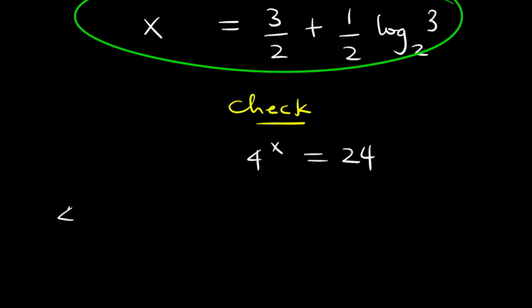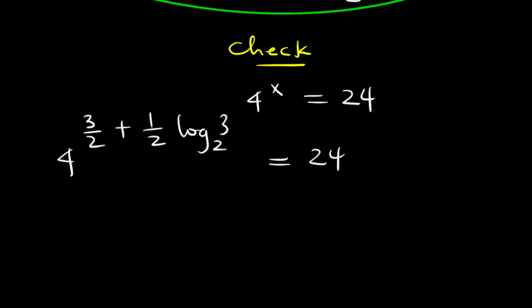Then it means I have 4 raised to power 3 over 2 plus 1 over 2 log 3 base 2. This should give us 24. Let us separate these powers into 4 raised to power 3 over 2 times 4 raised to power 1 over 2 log 3 base 2. This should give us 24.